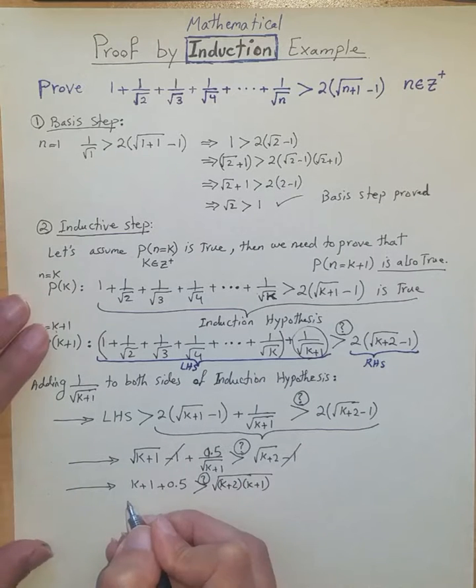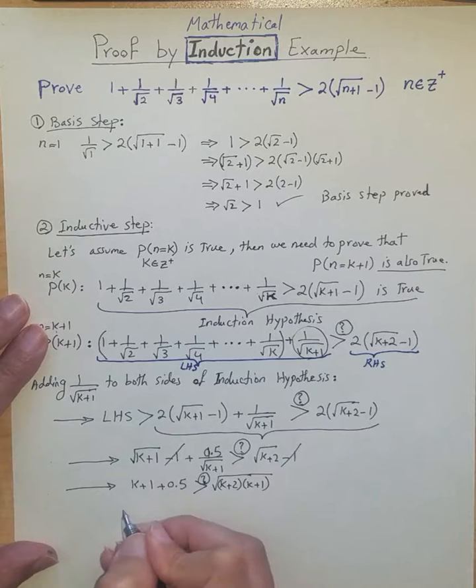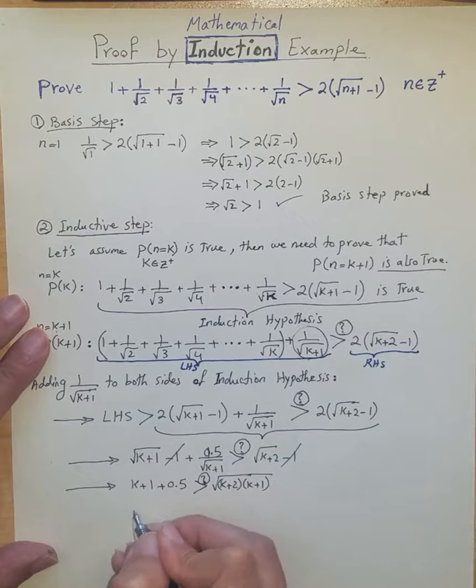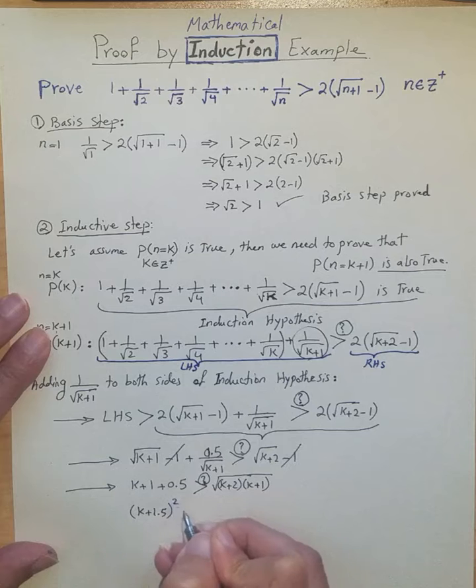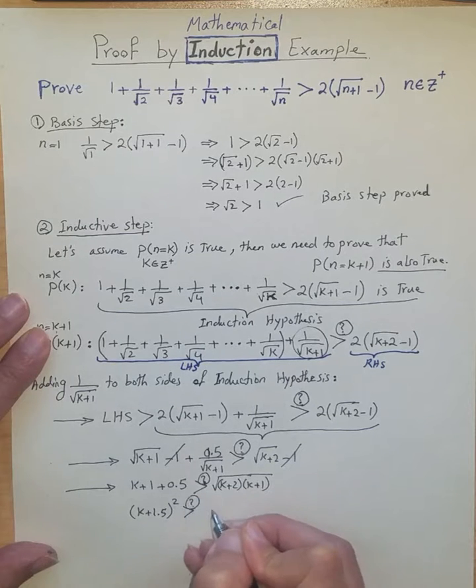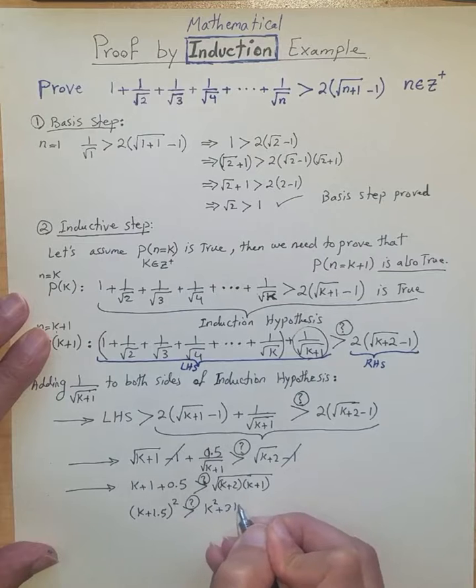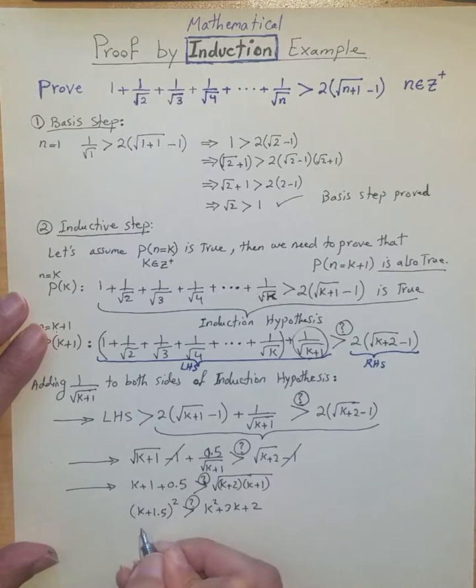Alright, then raise both sides to the power of 2, so we get k plus 1.5 to the power 2 is greater than k squared plus 3k plus 2. Let's try this.